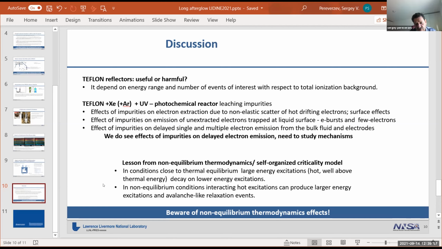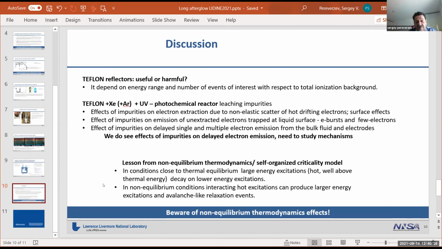So far we have very qualitative measurements. I think you can refer to a publication from LUX, the Jingke Xu analysis. He also analyzed delayed light emission in a more quantitative manner.